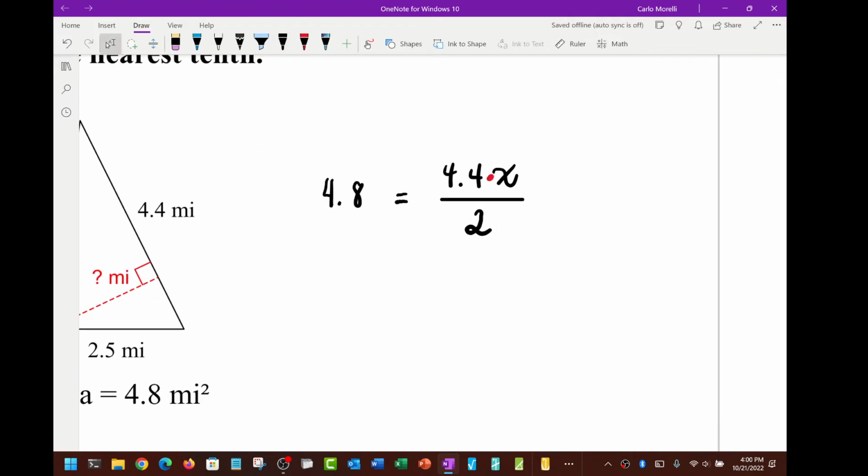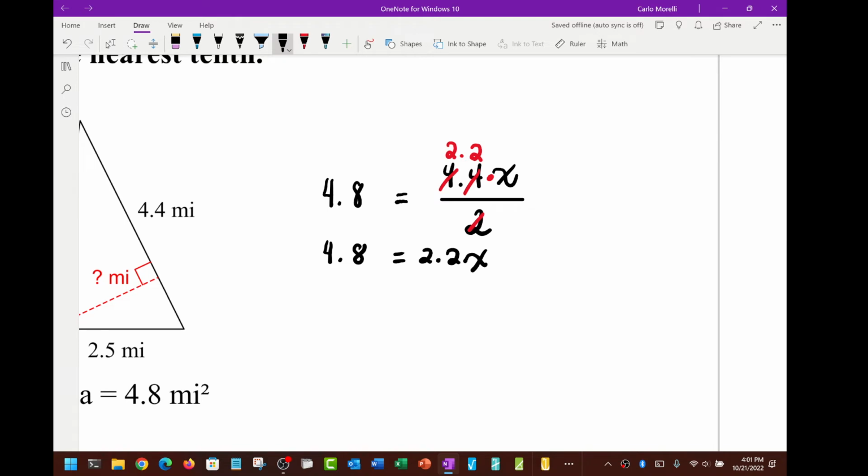Okay, so we're sort of unwinding this. Well, you know, there's a lot of opening chess moves here, but I like this one. I can divide 4.4 by 2 and get 2.2 up here, just an easier number to work with. So the 2's gone on the bottom, the denominator, and I have 4.8 equals 2.2x.